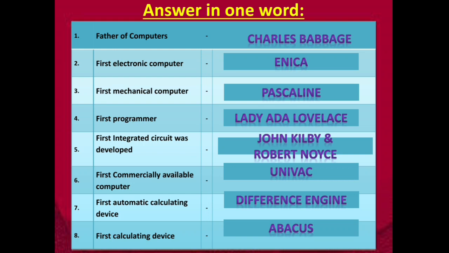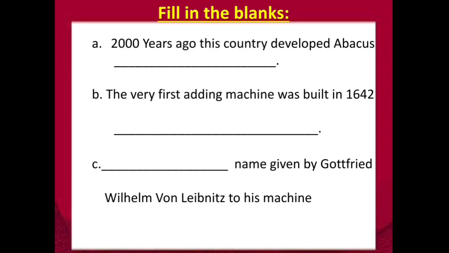Okay, now we go for our next topic, filling the blanks. 2000 years ago, this country developed the abacus. Which country? China developed the abacus. The next one: the very first adding machine was built in 1642.